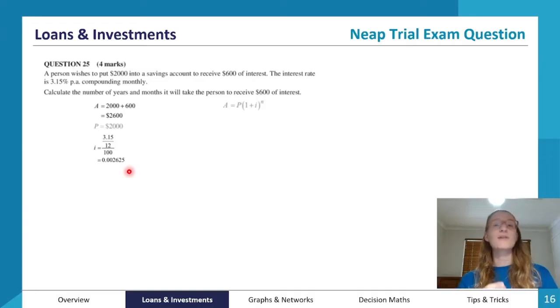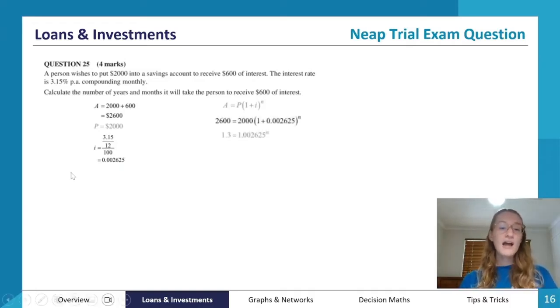So they've done the exact same process. They've just set it out a little bit differently. So we've calculated I, and then that's what we know. So now we can substitute it into our formula. We know that A is $2,600. We know that P is 2,000. We know that in our brackets we'll have 1 plus the value for I.